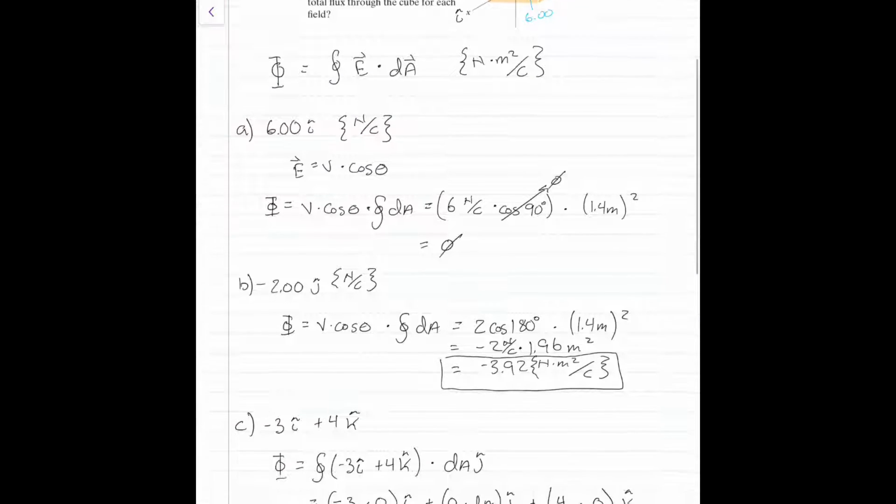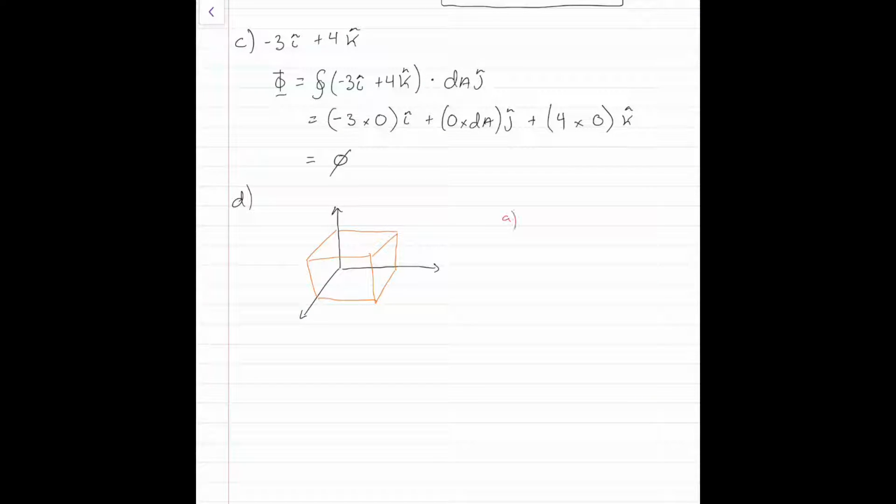If we look at, for example, A, where it's 6, so let's look at A. A is 6 working in the I unit vector. So it's x, y, z. So if we look at this, you're going to have the electric field passing through this surface right here, and then passing through this surface here. Those surfaces are parallel to the ZY plane.